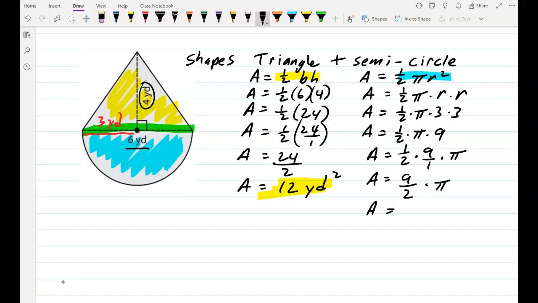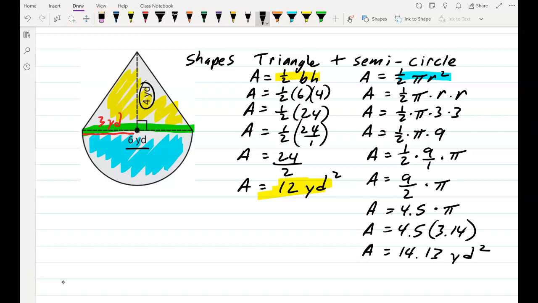Now, 9 divided by 2 is 4.5 times pi. Let's use 3.14 for pi, so this will be 4.5 times 3.14. And the area of the half circle is 14.13 square yards.